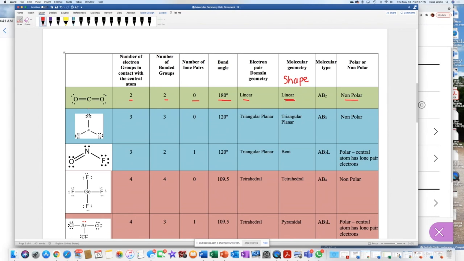This is a central atom right here, okay? Here are the elements that surround it. Oxygen, oxygen. Do the elements that surround it match? Yes. So they're not different. They actually are the same. Does the central atom have any lone pair? No. So the surrounding groups are not different, and so it's going to be nonpolar.